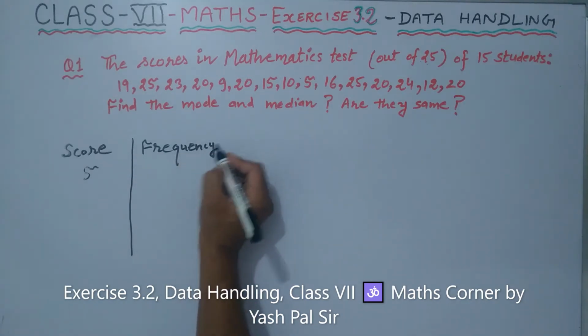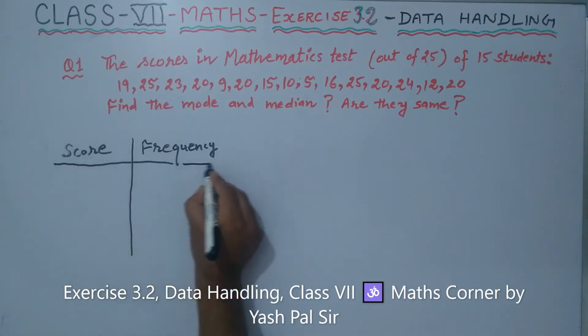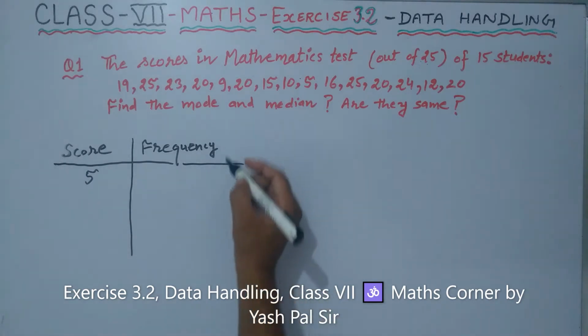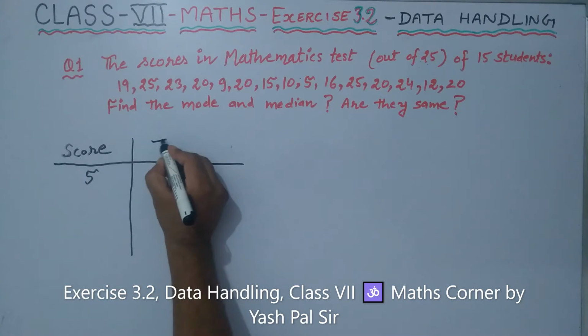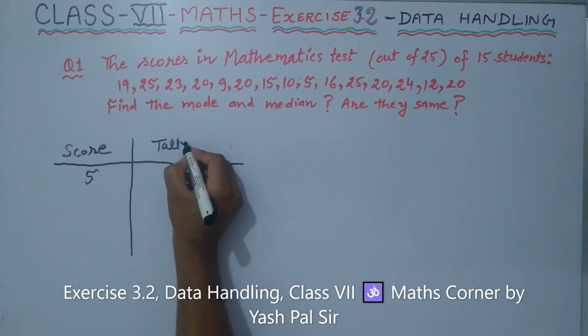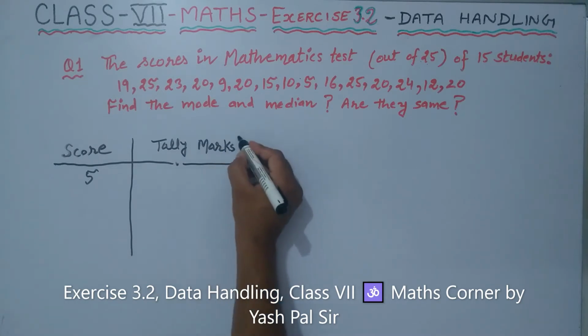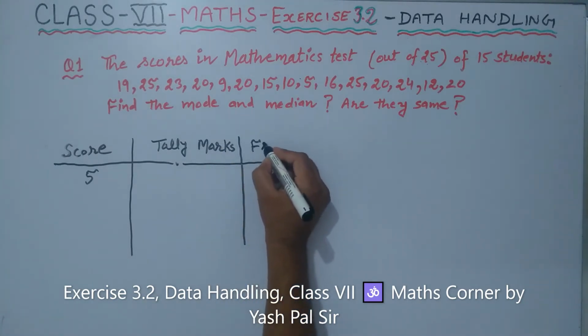Frequency means how many times this is occurring. We can put here tally marks. Then we write frequency.